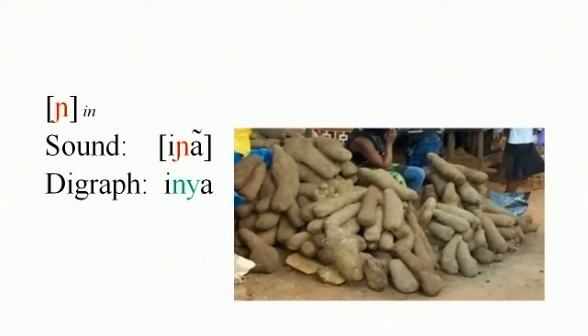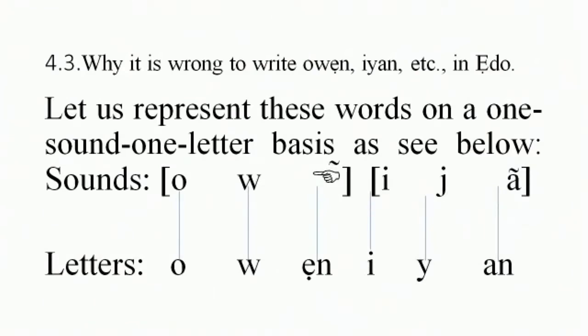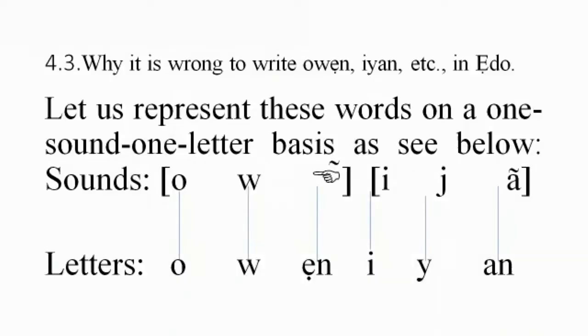So look at this representation as the language is currently written: the letters O, W, E with a subdot, and N. Sometimes many people don't even bother to put the subdot.